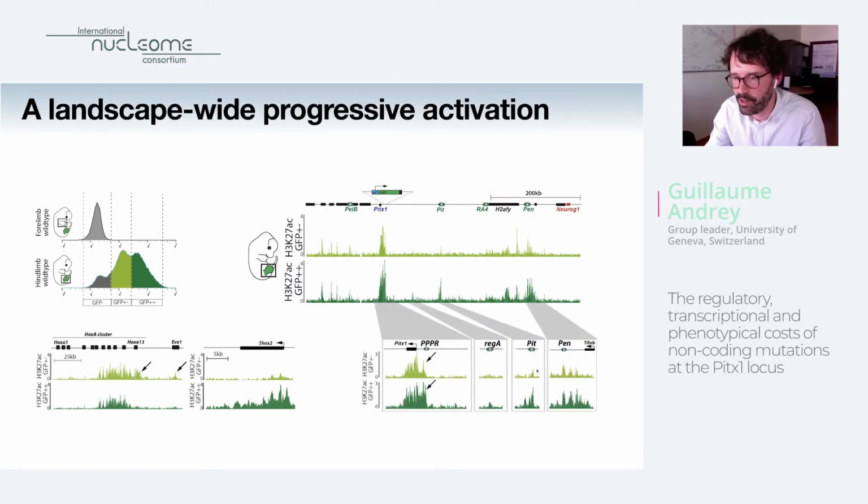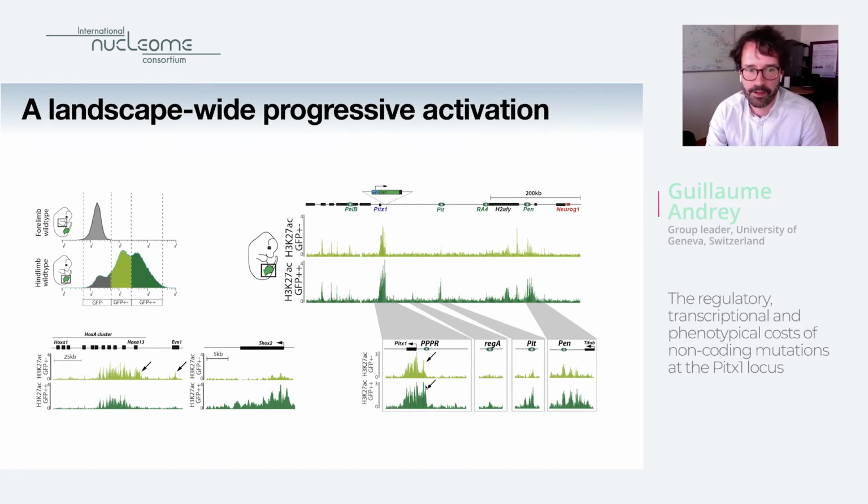You can see that a bit better in these different regions here. The only exception to that is this Pitx1 proximal promoter region, right here very close to Pitx1, which we are currently studying, and that seems to have very specific activity only in strongly active cells.